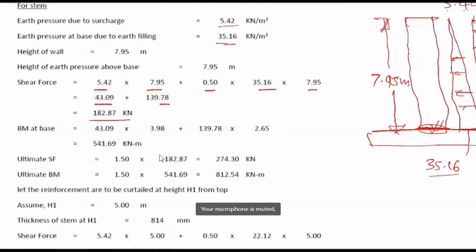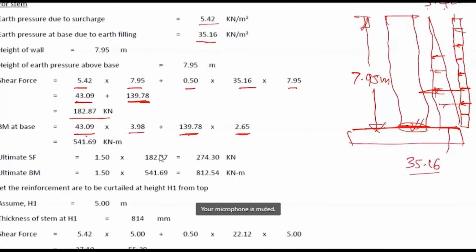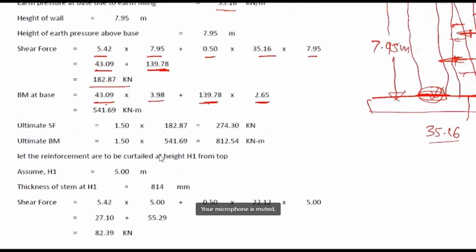Again, the bending moment will be this force, 43.09, into half of height, and again this triangular force into 1/3 of height. So it will act here at 1/3, and this will act at half, to calculate bending moment here. Okay.